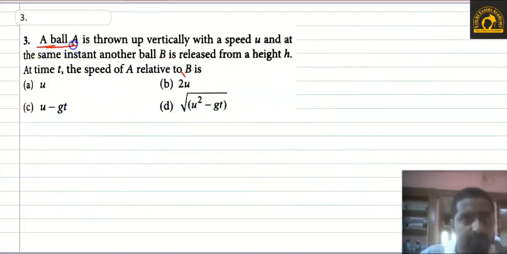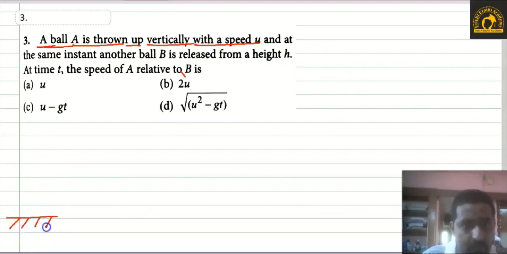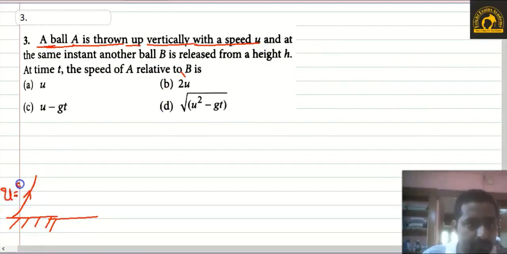A ball A is thrown up vertically with the speed of u. Okay, so this is the ground. A body is thrown with initial velocity u, moving in this direction.